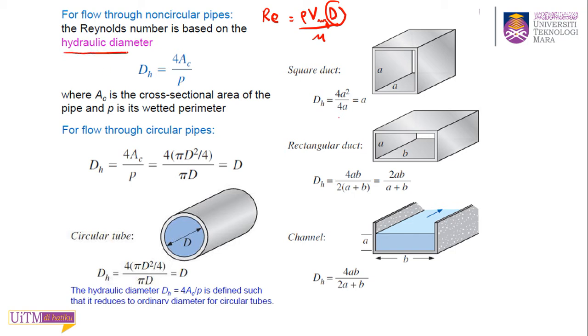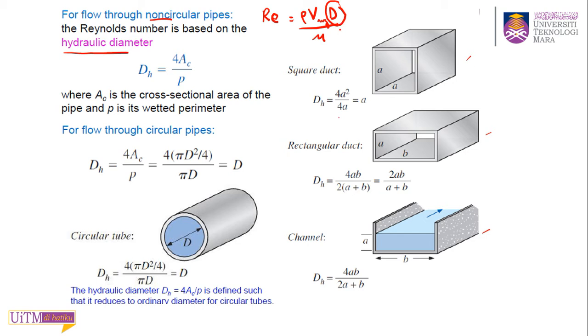For flow through non-circular pipes, like square, rectangular or open channels, we need to calculate the diameter in the equation.